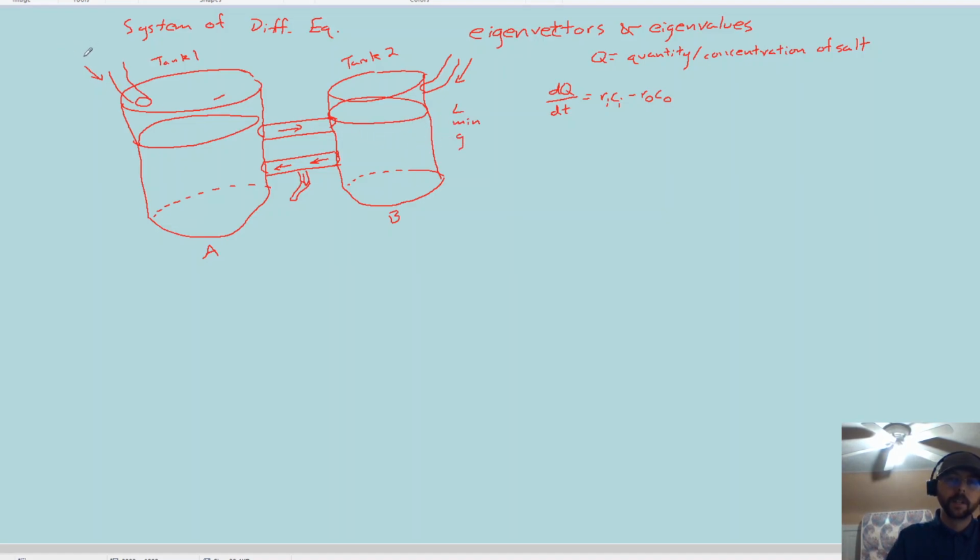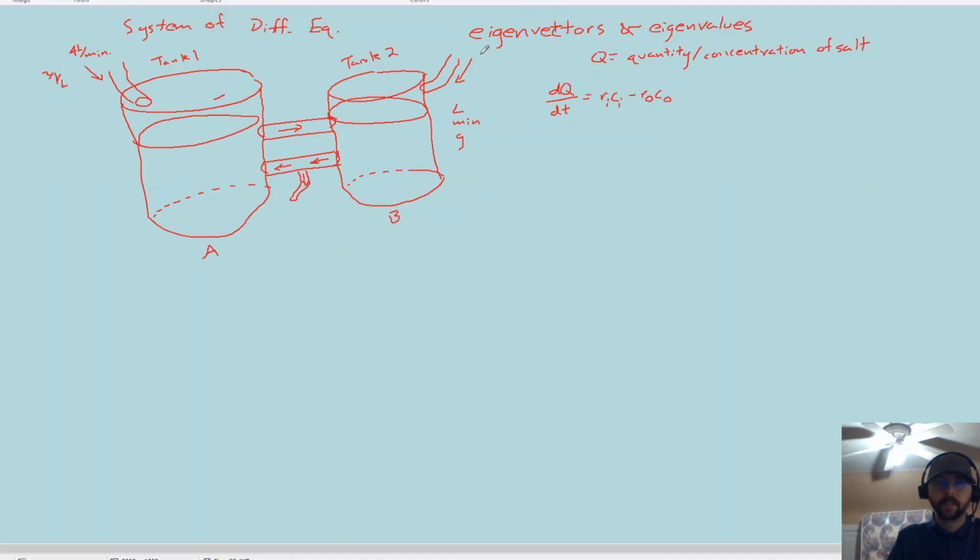Yeah, so let's say we have 4 liters per minute of a concentration that has 3 grams per liter of salt. That's what's flowing in here. What's flowing in here?